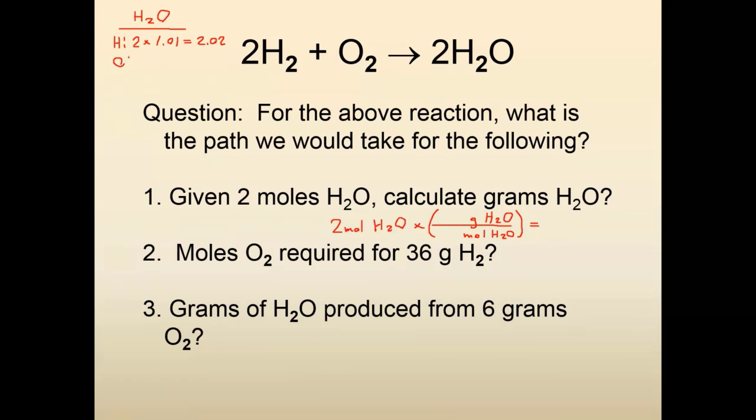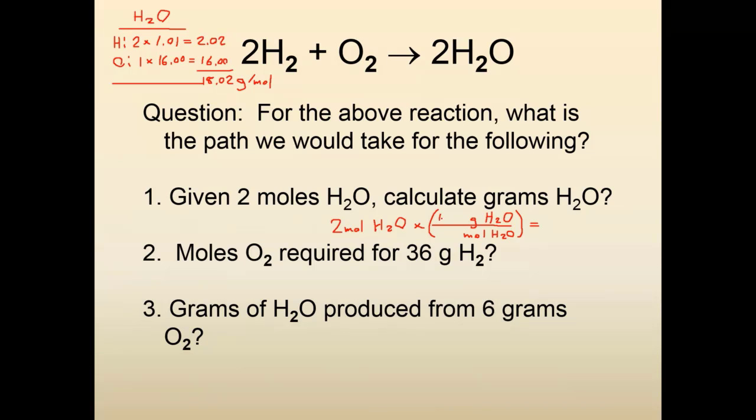I also have one oxygen, and each oxygen has a mass of 16, so 1 times 16 is 16. Now I'll add them up, and that gets 18.02. That's 18.02 grams per 1 mole.